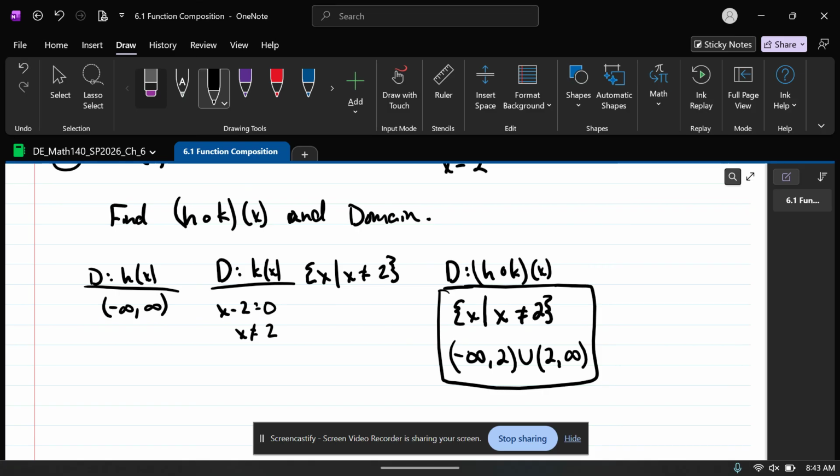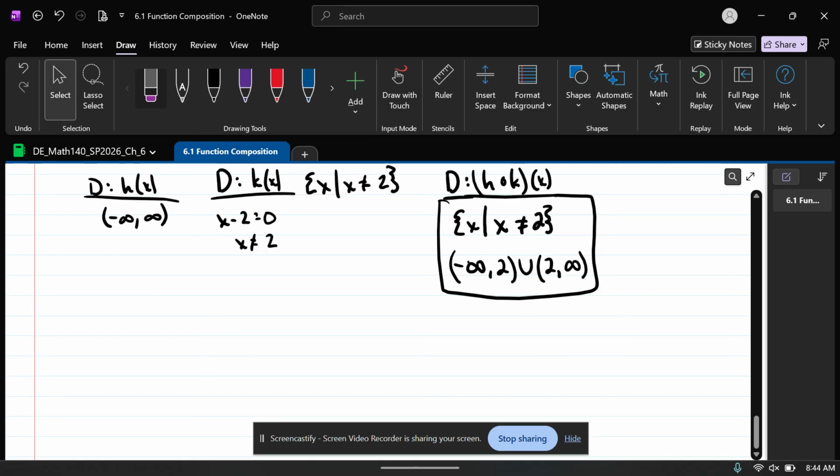If the only thing they want is the domain, you don't necessarily have to find the function. In this case, I'm asking you to find it, but it's kind of like one of those lessons in, don't touch the hot stove. You really don't learn it until you actually do it. You touch the hot stove and you find out why I told you not to touch it. So let's do that composition here and see why it is better to be able to find the domain first.